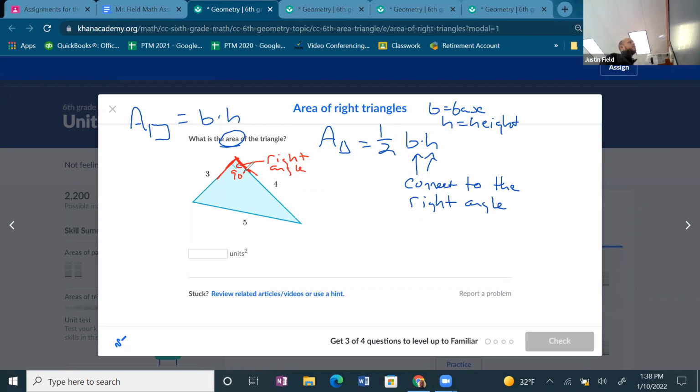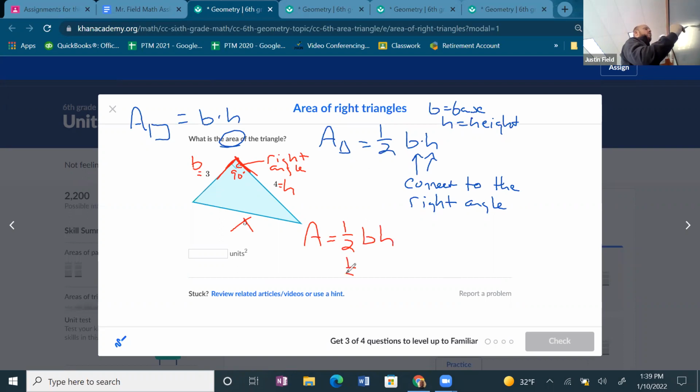All right, so now that we know where the right angle is, it doesn't matter which side you call the base and which side you call the height, just as long as you don't use the 5, because that's not the base or the height. So let's call B the base, or 3 the base, and we'll call 4 the height. All right, so then our formula is 1/2 base times height.